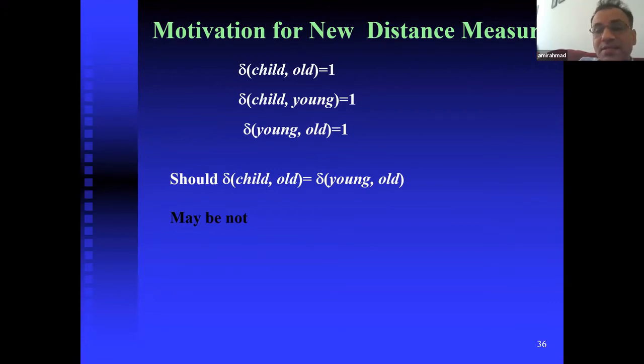But is it necessary that the distance between child and old should be equal to the distance between young and old? Probably not. So we should try to find a method by which we can compute the distance using the data.